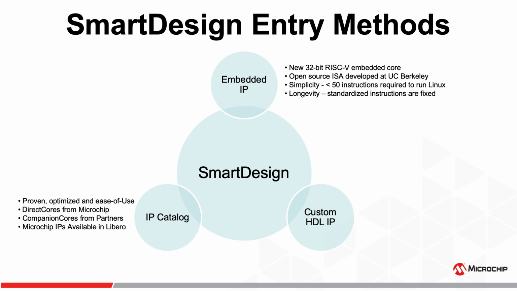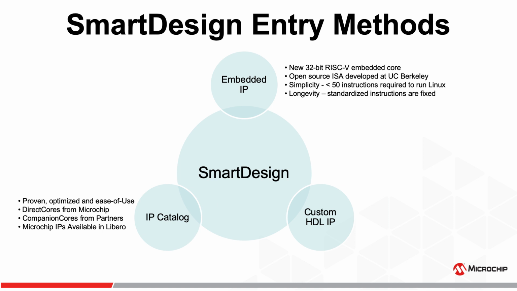Using this IP catalog, you can use any of these IPs and create your own design using the SmartDesign canvas, which saves your time, because if you want to use FFT in your design, you have core FFT available in the catalog. You can directly drag and drop and set the parameters of the IP based on your requirement.